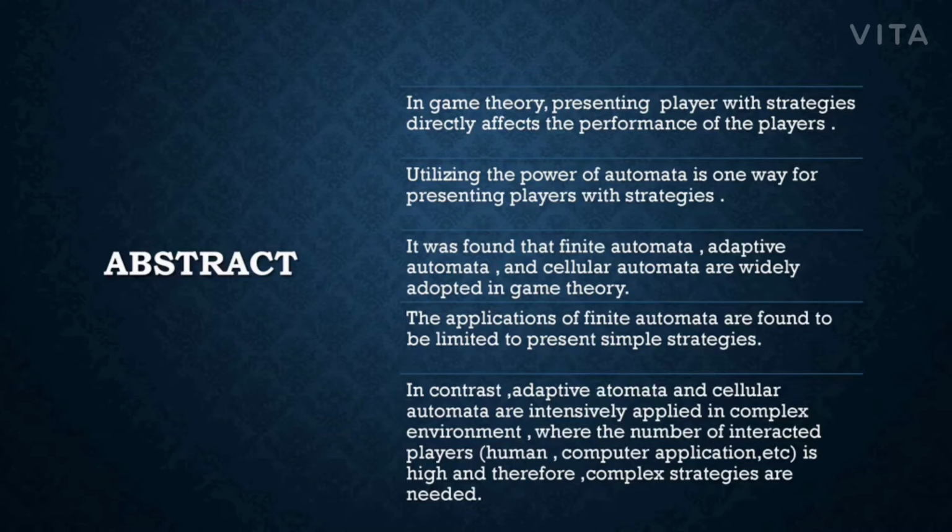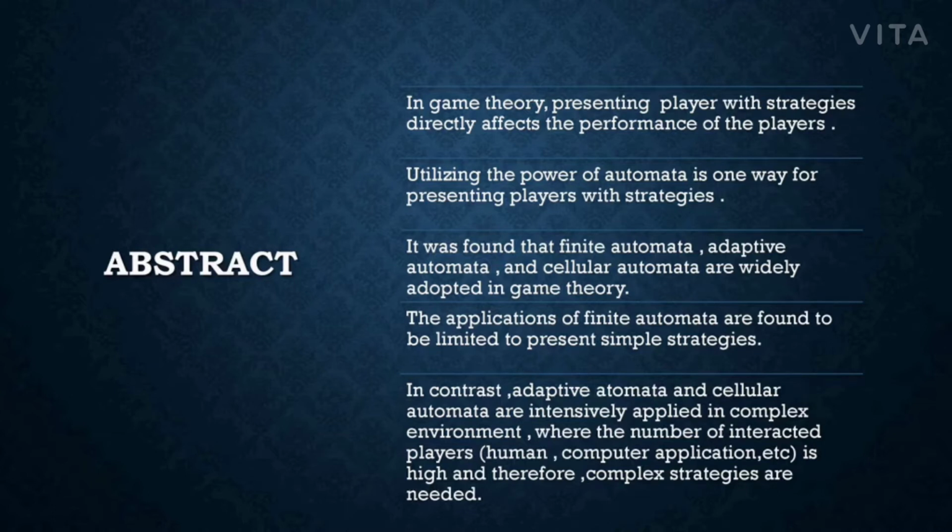So let's start the introduction. The basic introduction of the project on automata in game theory: any problem with interacting participants and actions can be treated as a game. When car drivers make a plan to drive in heavy traffic, they are actually playing a driving game.